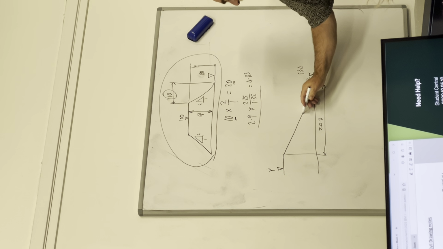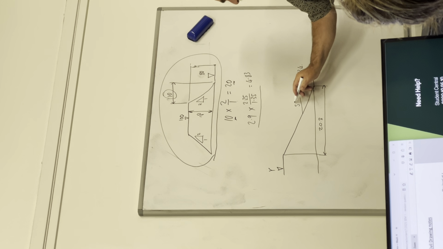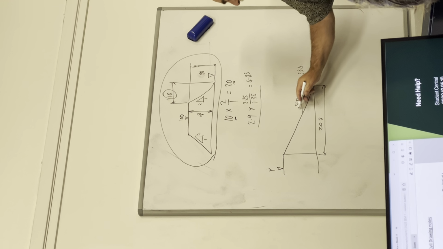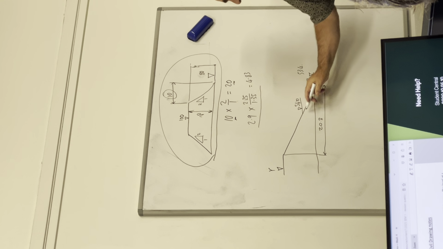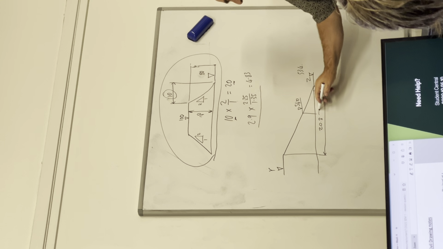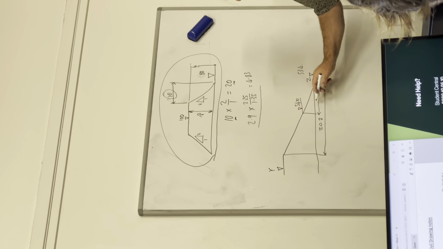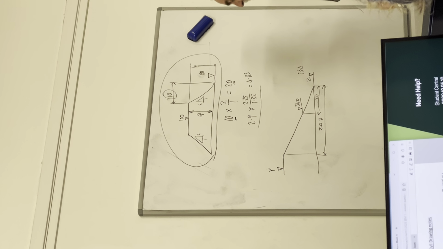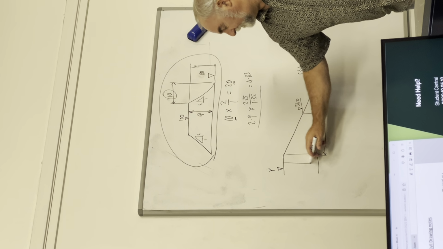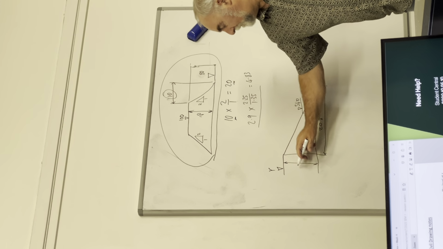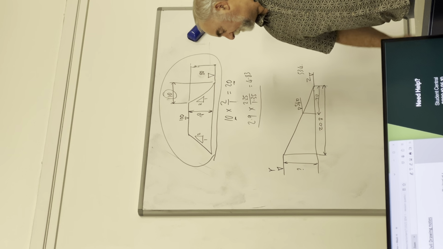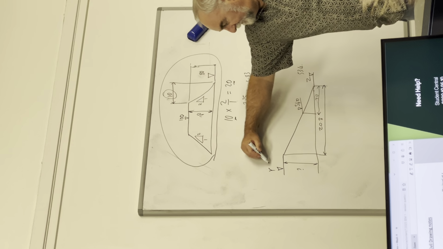And we know that that height there is 54.0. And we know that distance there is 7. Right? But we don't know what that distance is. And once we figure out that distance, we can work out what the level is at Y.